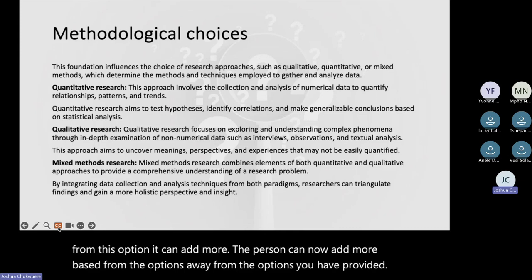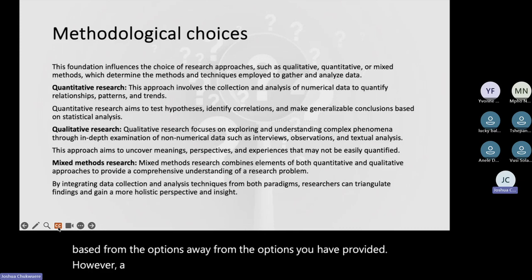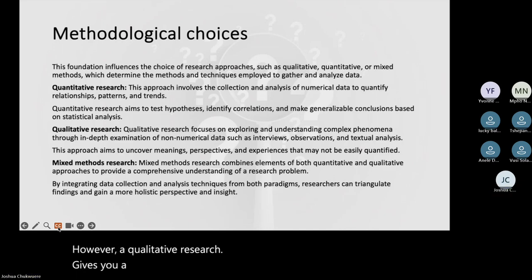However, qualitative research gives you a better insight for you to understand what your respondents have to say and how they feel concerning your topic.